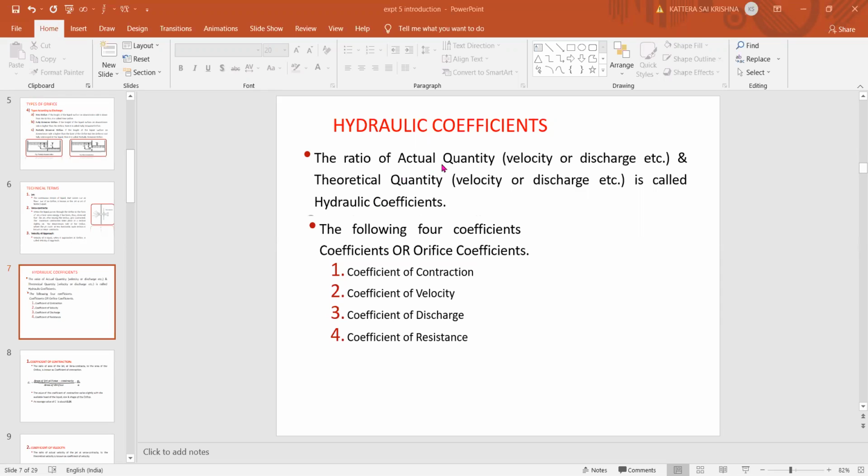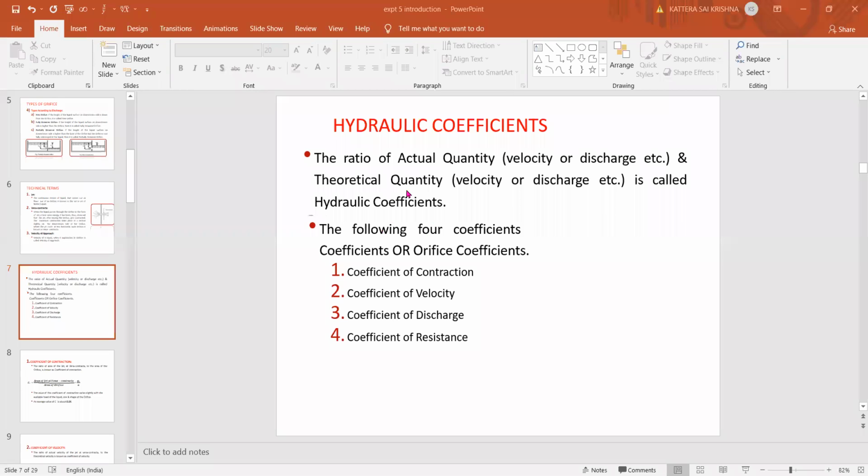For example, the coefficient of discharge is the ratio of actual discharge to theoretical discharge. The quantity may represent velocity, discharge or anything.